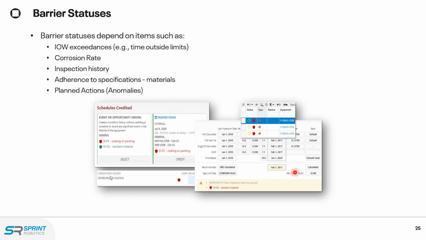Whenever you're doing your corrosion calculations, you're going to see a warning that you have an issue with the material. That's probably why you have a high corrosion rate, for example. If you're planning an external inspection and you see that the coating barrier is red, the inspector already knows he's expecting something.